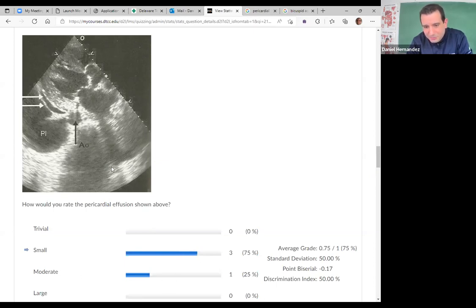Maybe that person that answered moderate, I can go back and give you guys a point for that. It'd be easier if I had my centimeter markers on this side, but if you're in your clinical test, you can take your little piece of scrap paper and mark off what 1 centimeter represents, and then take your little piece of paper and line it up along this pocket of fluid to see what that measures. So it's about a centimeter.